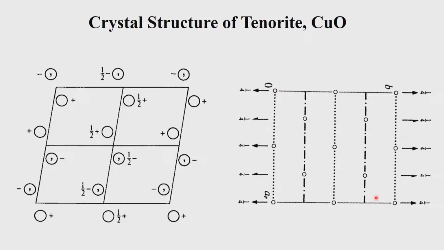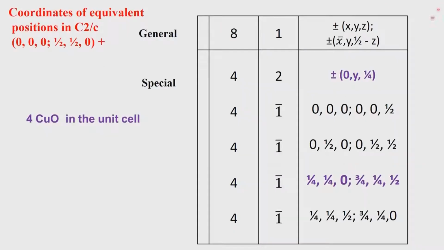C2/c boasts itself of 8 equivalent positions, right. So, we will list those 8 equivalent positions. Those equivalent positions are generated by plus minus x y z, plus minus x y half plus z. I think 4, so there are 2 more sets which are missing in this table. We will have to add that up. Plus minus x y z, plus minus x bar y half plus z.